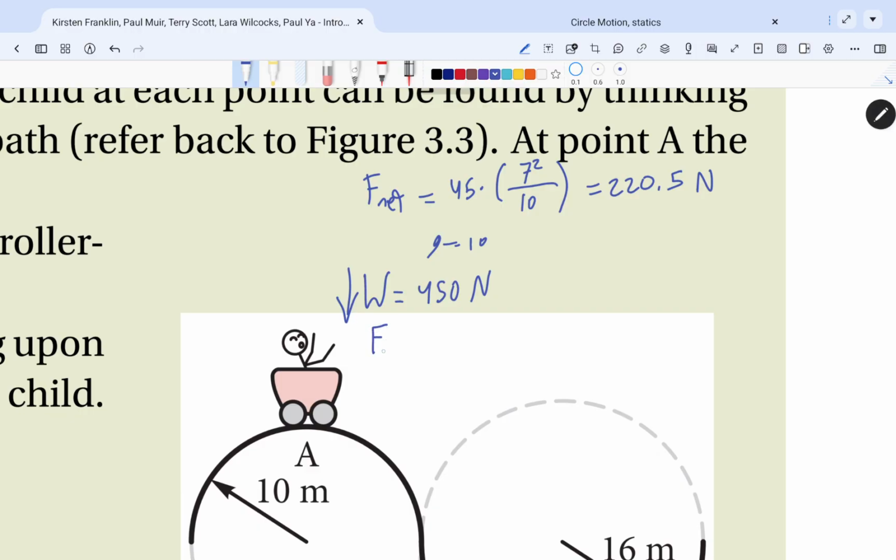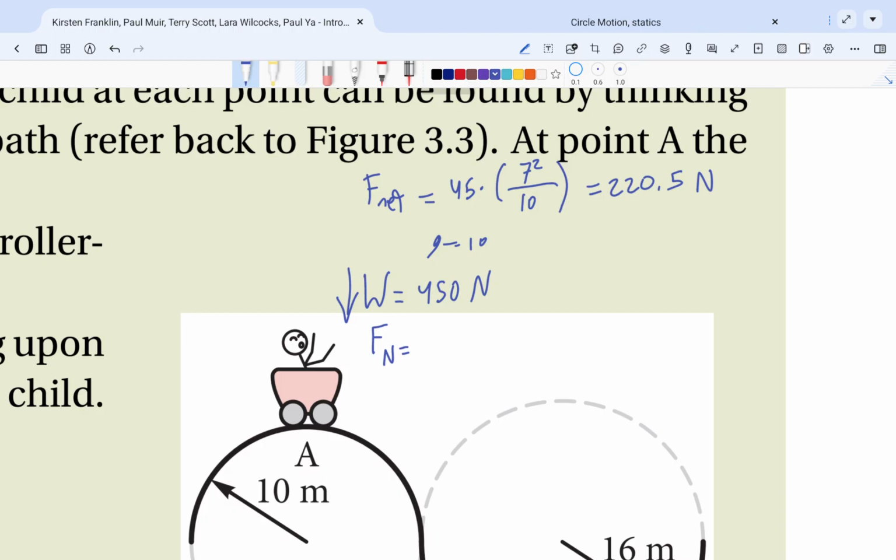So F of normal, that's the normal force. I think I told you before, normal force had certain definitions. The normal force is the upward push from the ground, from the surface. So in this case, it would be the roller coaster cart, and at home it would be the bathroom scales.